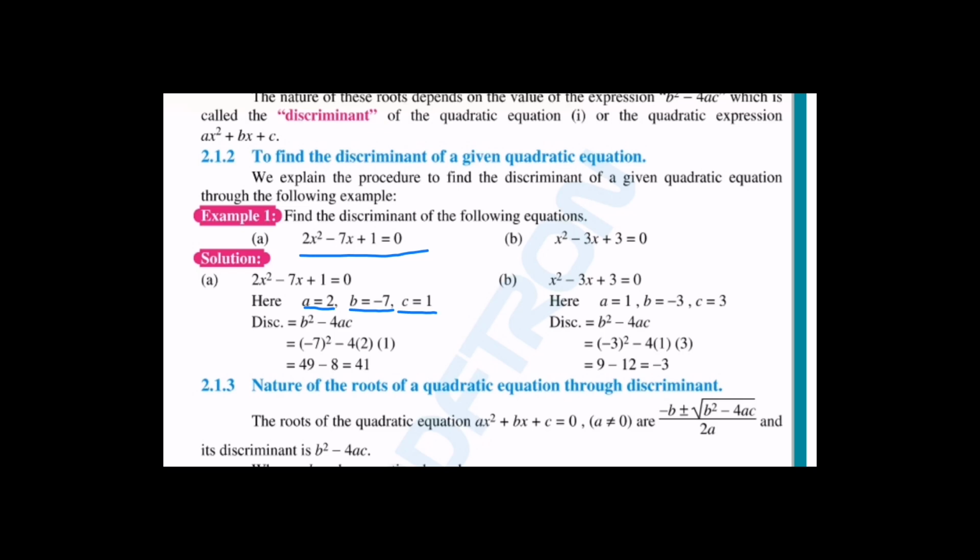So the discriminant b²-4ac, putting the values, is minus 7 whole square minus 4 into 2 into 1. By simplification, minus 7 whole square is equal to 49, and the multiplication of 4, 2 and 1 is 8, which gives 41.